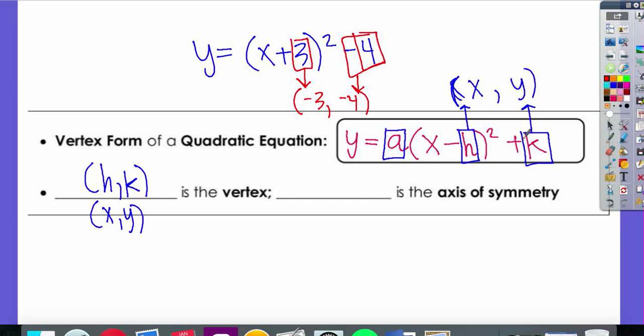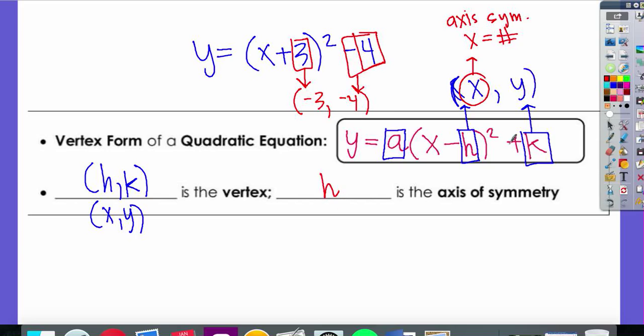Another piece of information we can pull from that: we remember that the x coordinate of the vertex is the same thing as the x coordinate in the axis of symmetry. So this is our axis or line of symmetry. The axis of symmetry is just h itself.